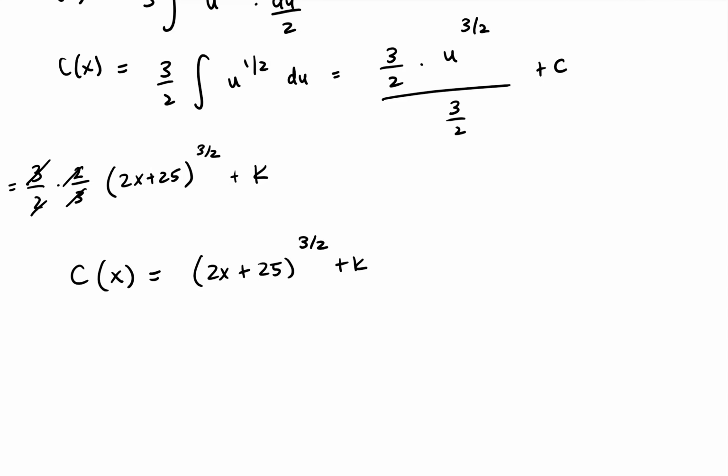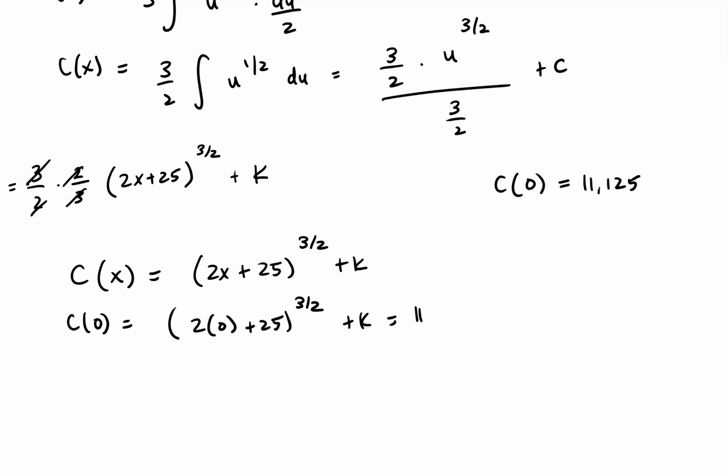Now we need to figure out what our constant of integration is, and the beginning of the problem said that the fixed costs were $11,125. So that means that C of 0 is equal to 11,125. If we plug in 0 into our function, the output will be 11,125, and that's going to simplify to 25 to the 3/2 power plus k is equal to 11,125, and 25 to the 3/2 power is 125.